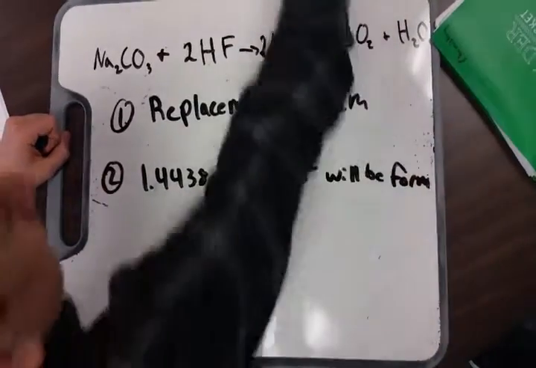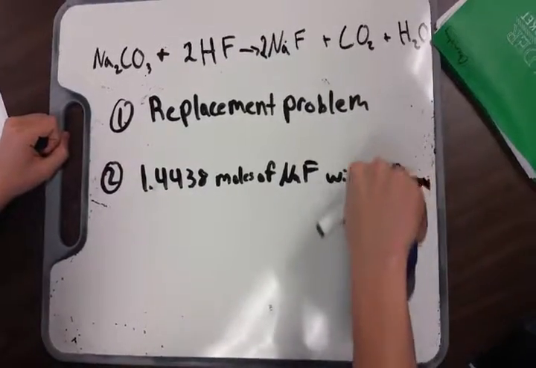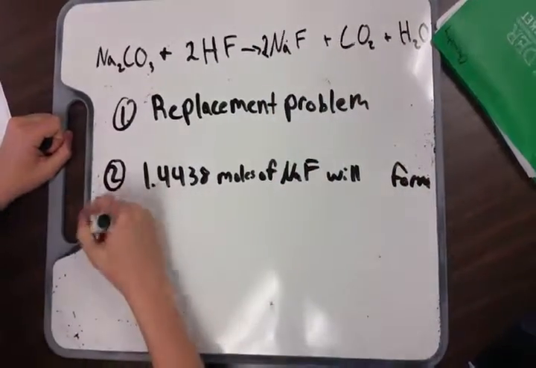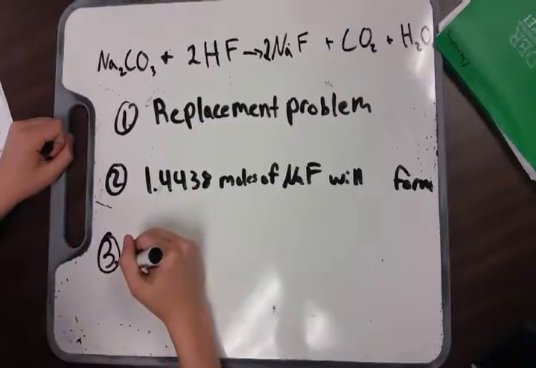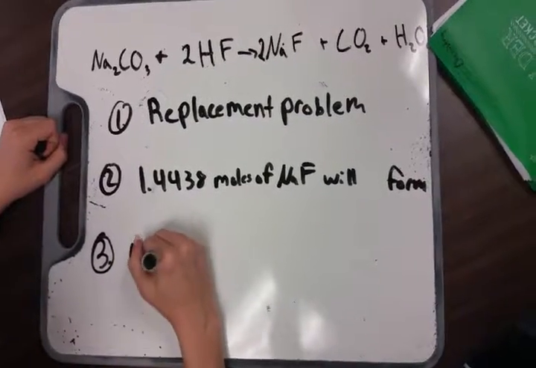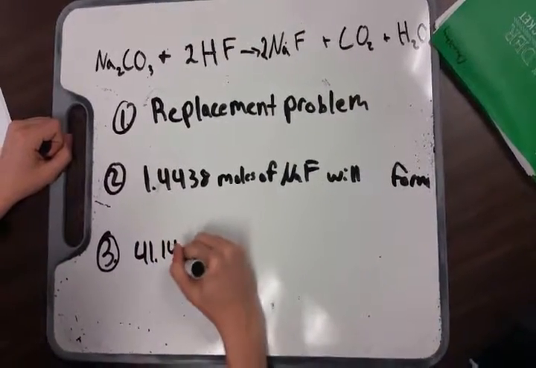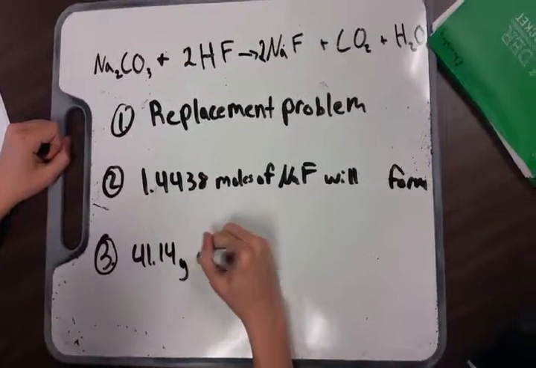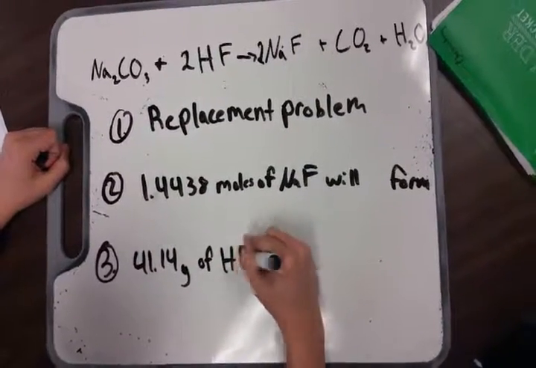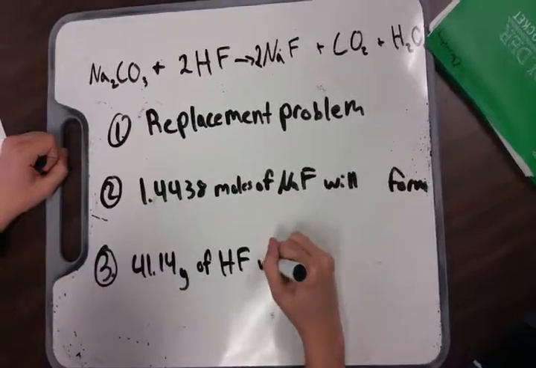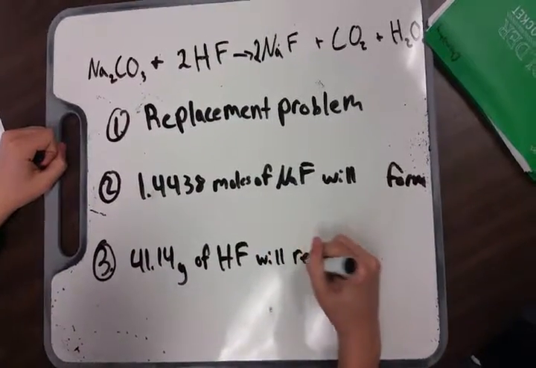We figured out that 1.4438 moles of sodium fluoride will be produced. And lastly, we answered part C, which is what is the mass of the excess reactant that did not react? And we figured out that 41.14 grams of hydrofluoric acid will remain.